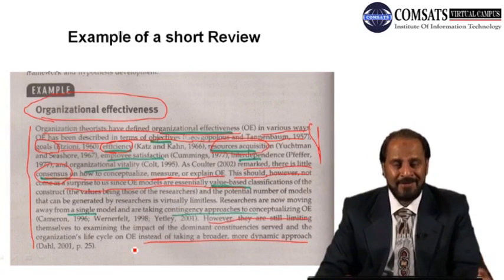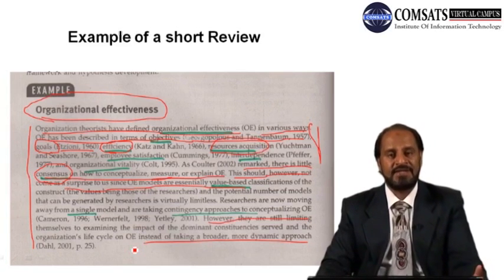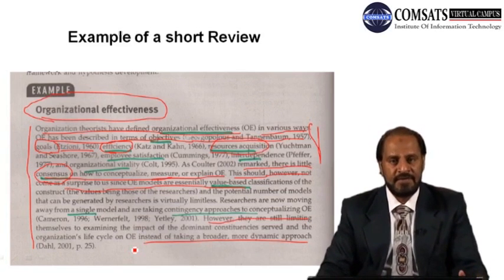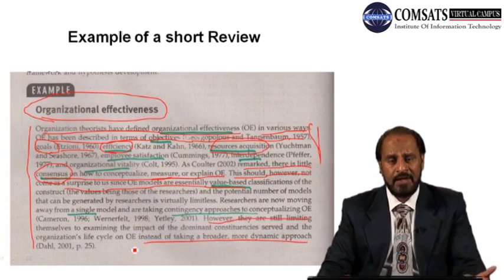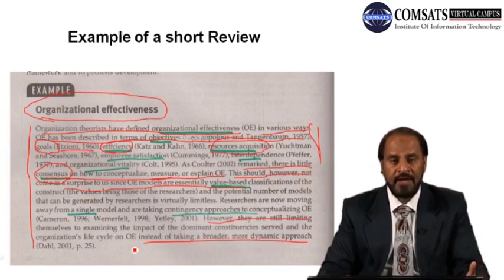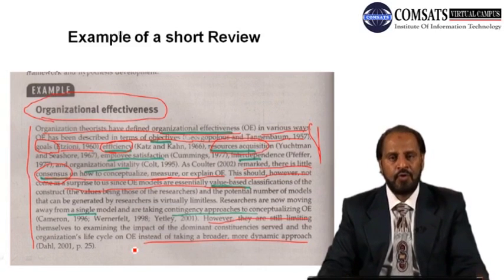But before that, he establishes that he has read all the previous researchers concerned with organizational effectiveness. He has identified that there's a problem, that there are different definitions, and that we can develop a more dynamic definition. All of that is in a more logical manner.